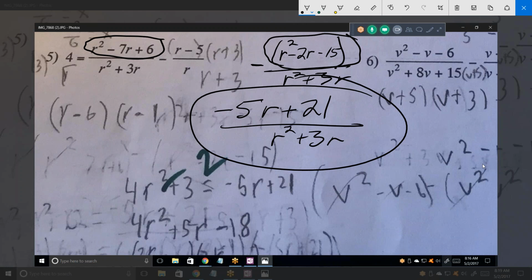Okay. Now the one thing you could not do is move that negative sign out in front. Because that negative sign is not operating on that 21. And if I were to move it out in front, it would have to operate on the 5r and the 21. I don't want it to. So leave that negative sign in the numerator.